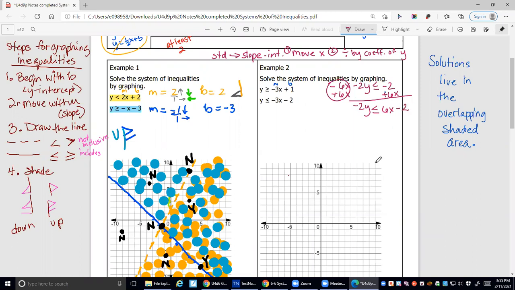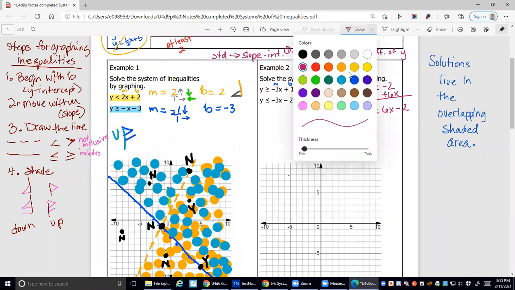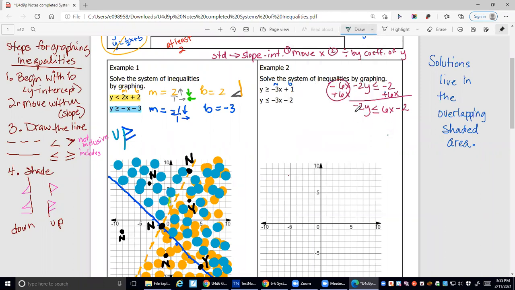And then the last step is that we want to divide by negative 2. Does anybody happen to remember, when you are multiplying or dividing by a negative number with an inequality, what do you have to do? It's been a while. Flip the sign. There you go. Thank you, sir.